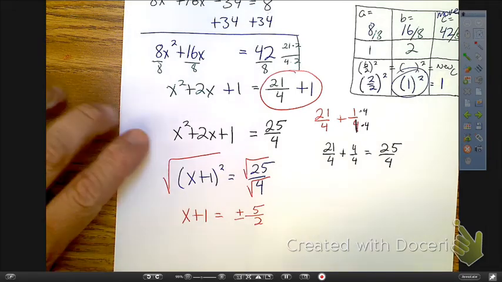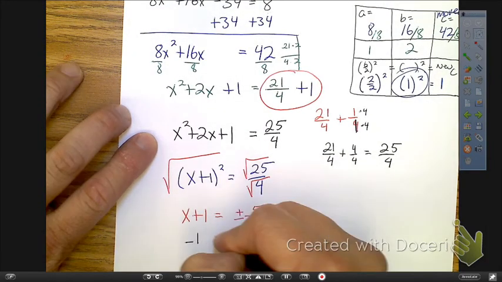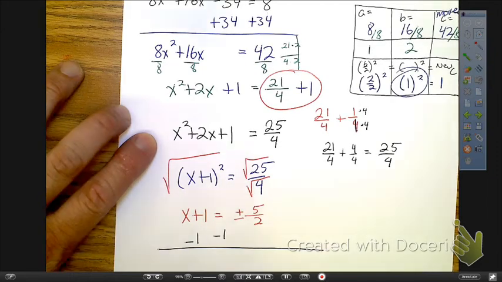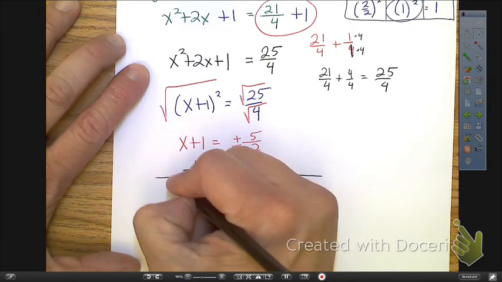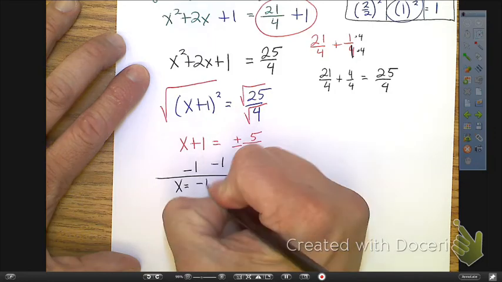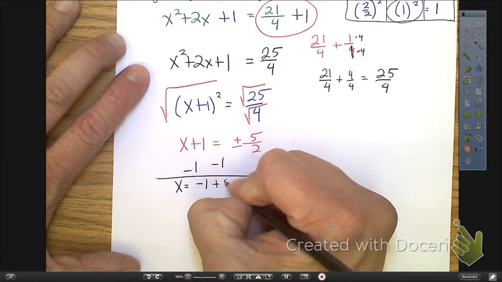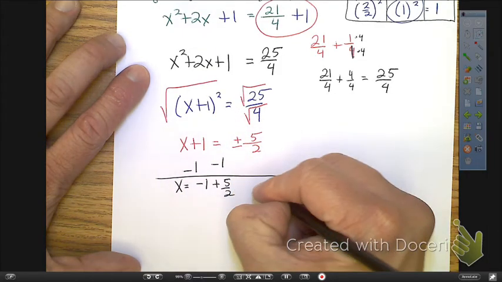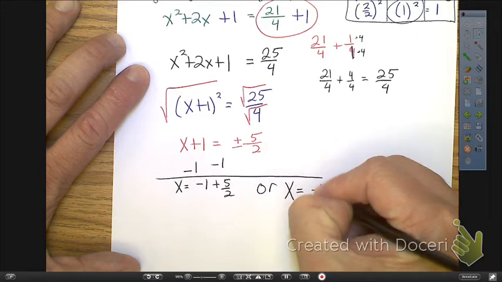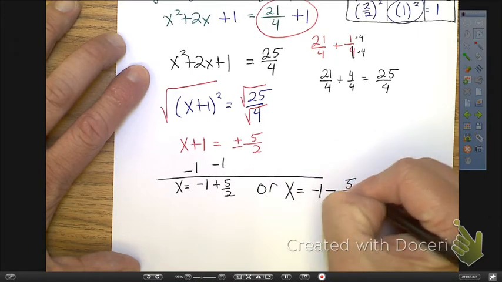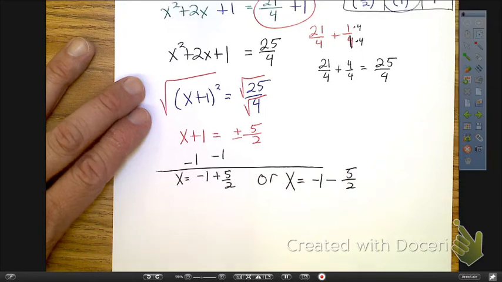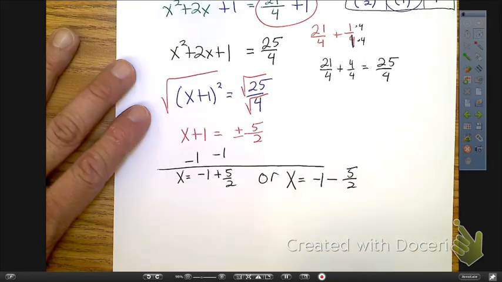From here, it's time to solve our equation. Subtract 1 from both sides. X is equal to negative 1 plus 5 over 2, or x is equal to negative 1 minus 5 over 2. Again, we are adding and subtracting fractions.